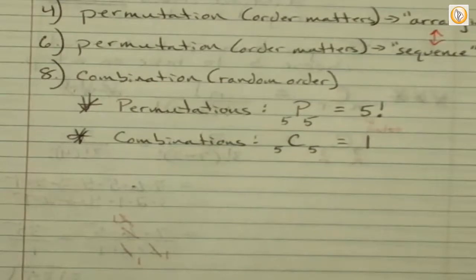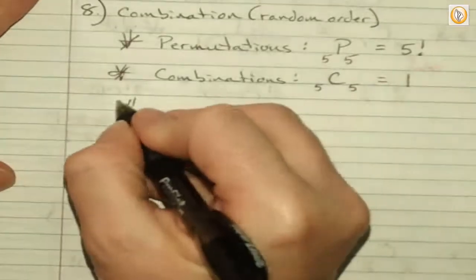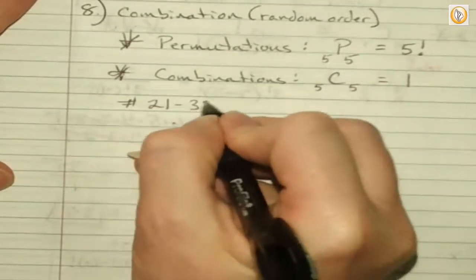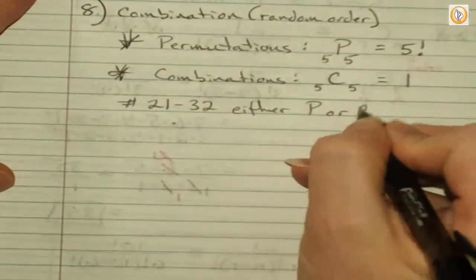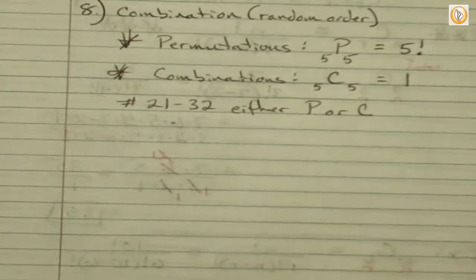Label each exercise C for combination or P for permutation, and find the number of different ways each can be accomplished. Use a calculator for large computations. So numbers 21 to 32, either P or C. So you have to figure it out.